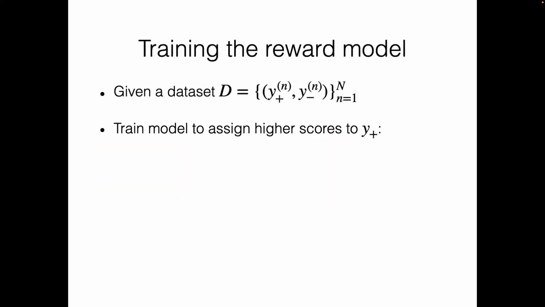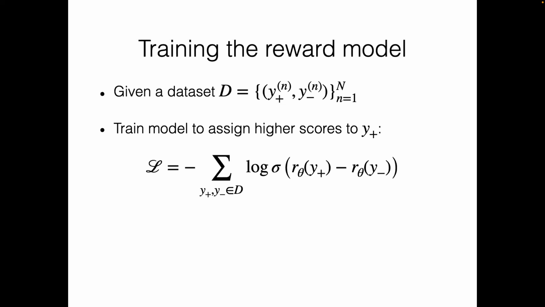Okay, and so now for training the reward model, you basically have this data set. Oh, and there's also the input X here. But now you have this pair of a good output y plus and y minus. And the basic idea is we're going to use this loss function so that the model assigns higher scores to the positive one compared to the less preferred or negative one.